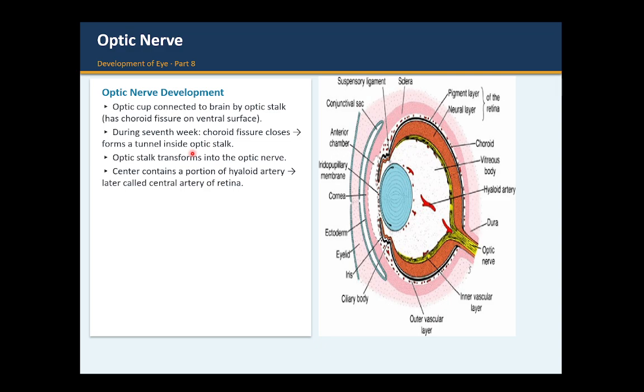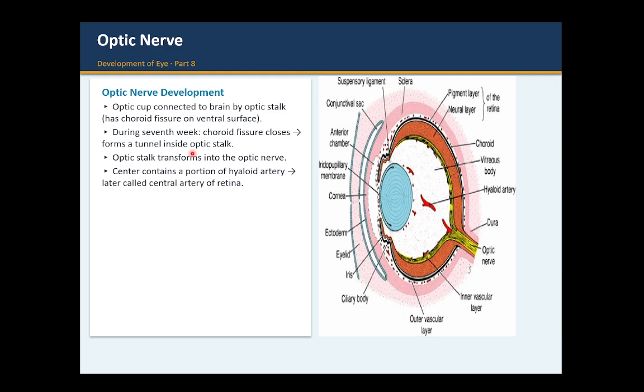As it touches the surface ectoderm, it starts to go inside, or invaginate, forming the optic cup. It also induces the surface ectoderm to form the lens placode, which gets detached from the surface ectoderm around the 5th week to become the lens vesicle, lying in the hollow of the cup.